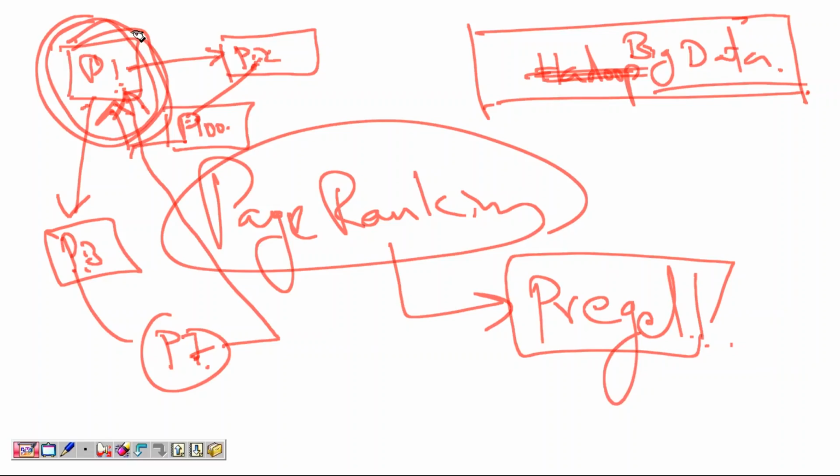So rank number 1 goes to P1. Based on that, Google will first display P1. And not only Google uses it for web pages, airports can use it for their air stations, and Facebook can use it for user and friend connections.